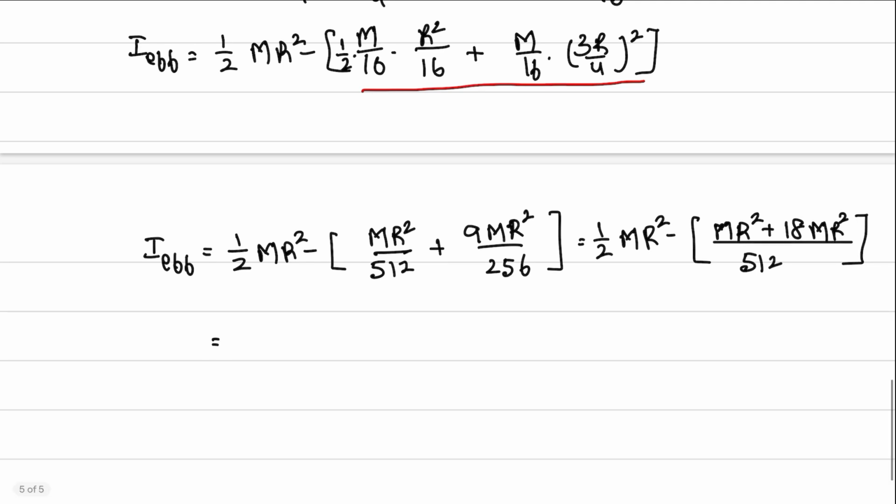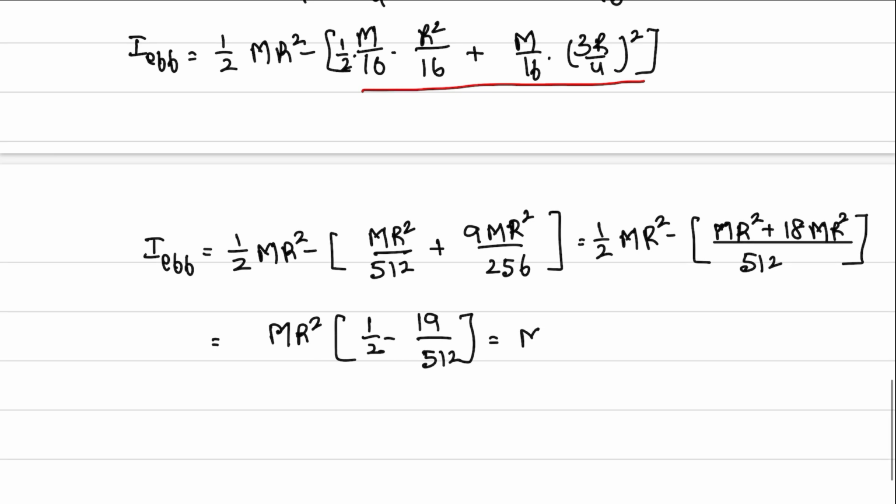This is equal to M R square, taking it out, 1 by 2 minus 19 by 512.